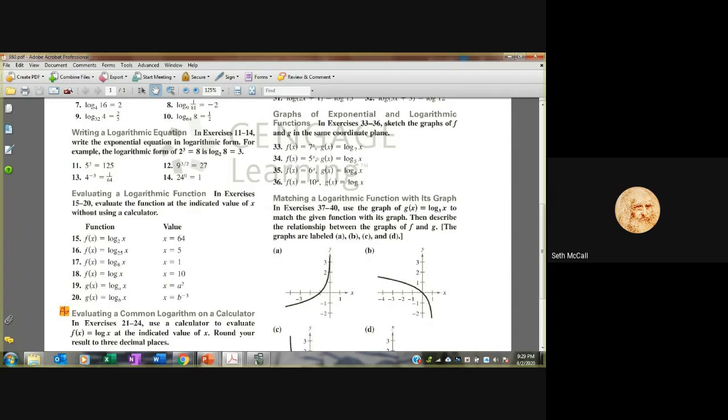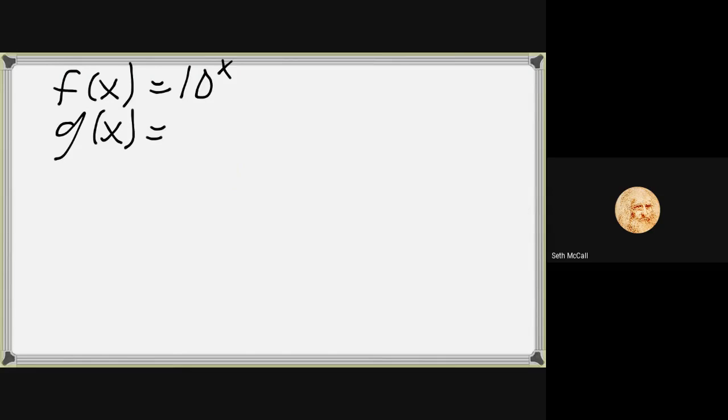Natural log is always log base e. So we have f of x equals 10 to the x, g of x equals log of x, your xy chart.